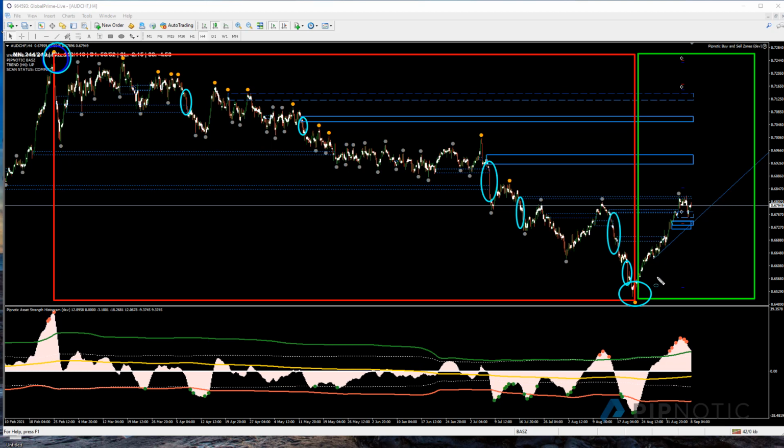And the reason these are important to us is because once price departs from an area of supply, like so, let's say we have that area of value. Price is moving sideways. This is a relatively low volume environment. And then price all of a sudden leaves.